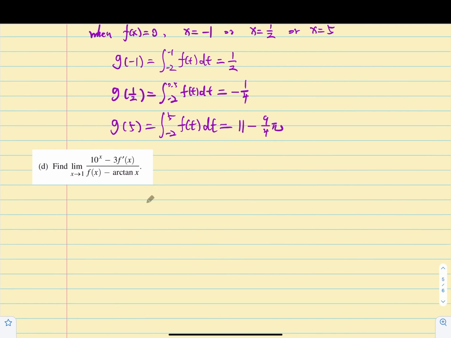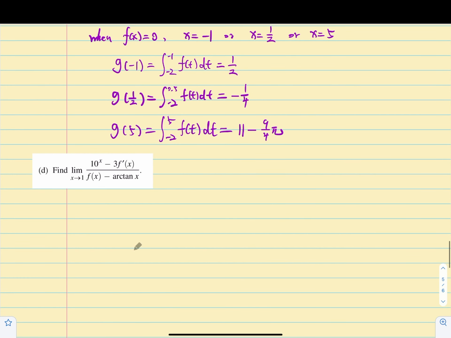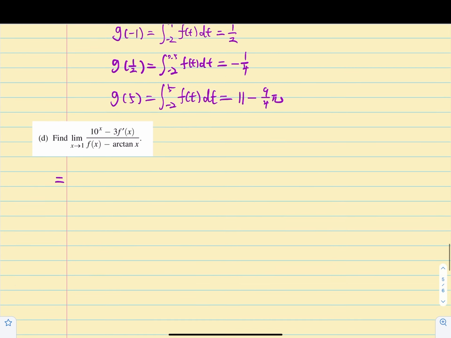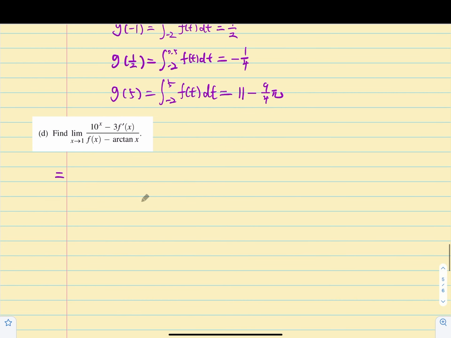For the last question of question 3, question 3D, we can just write equal, because it asks to find the limit of this thing. We just directly substitute 10 to the power of 1 and -3 f prime of 1.